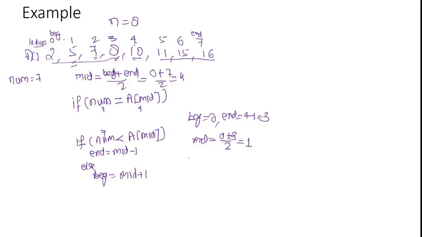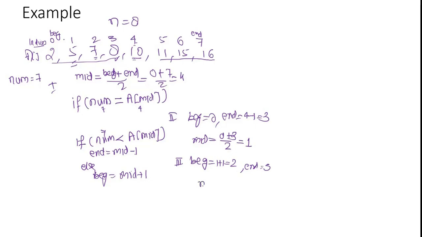So mid is this. This is the first case, this is the second case, and this is the third case. So here beginning will become mid plus 1, that is 1 plus 1, that is 2. And where is the end? End is at 3.